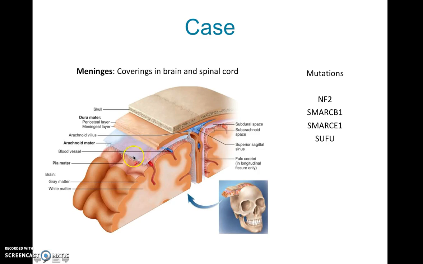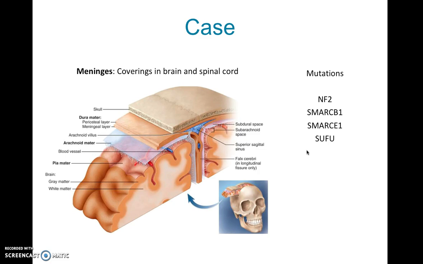Usually it is well known that these kinds of tumors are caused by mutations in the genes NF2, SMARCB1, SMARCE1, and SUFU. All of these mutations have been previously reported and they have been related to disease susceptibility.